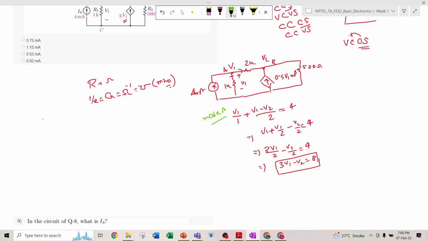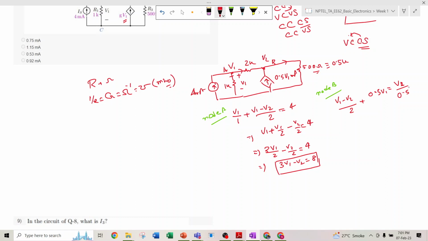So similarly for node B, what should you write? In node B, this current is entering, so V1 minus V2 divided by 2 is the current entering, plus 0.5 V1, that current is also entering, is equal to this current, V2 divided by 500 ohm. 500 ohm means 0.5 kilo ohm, because the rest of the things are in kilo ohm, so we are converting this to 0.5 kilo ohm.